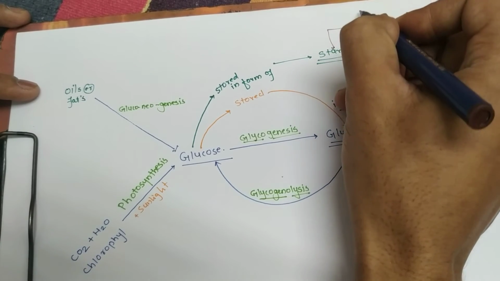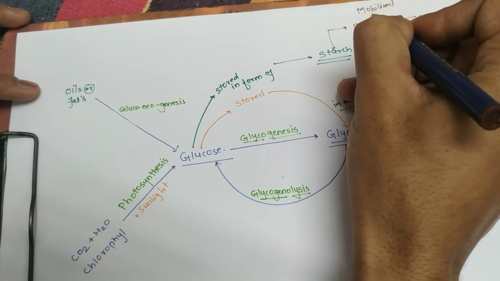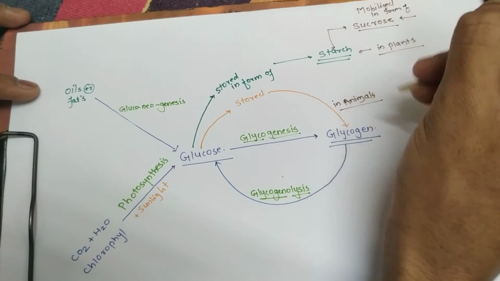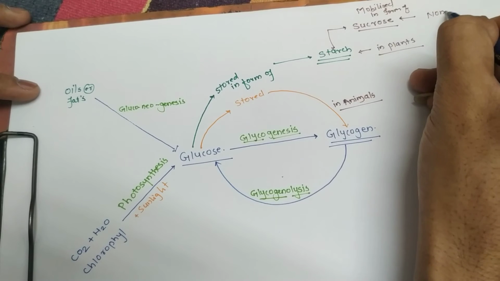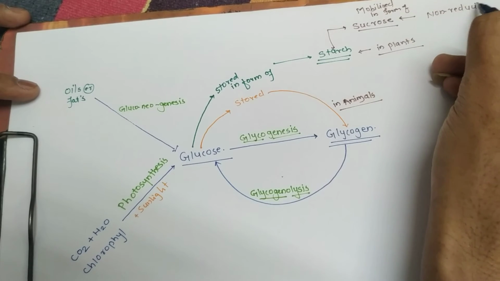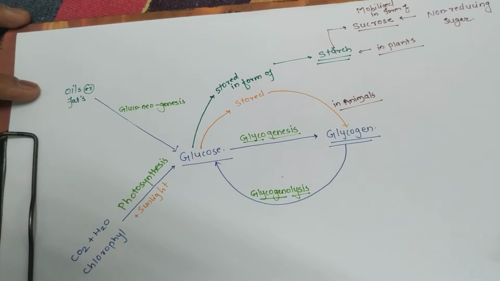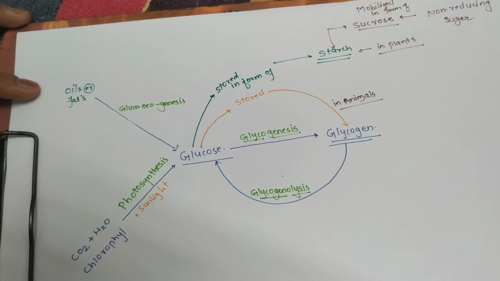And why is it mobilized in the form of sucrose? Because it's a non-reducing sugar.